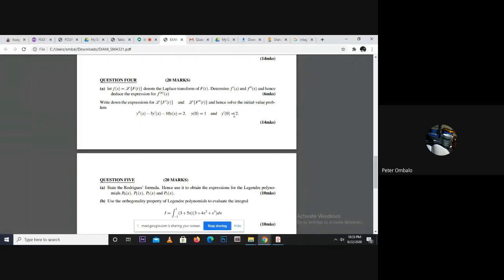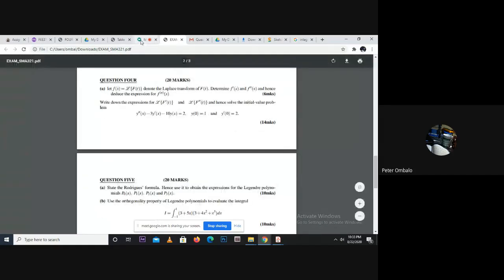So we have been given an initial value problem here, and we have been given the initial values: y at 0 is 1, and y first derivative at 0 is 2.